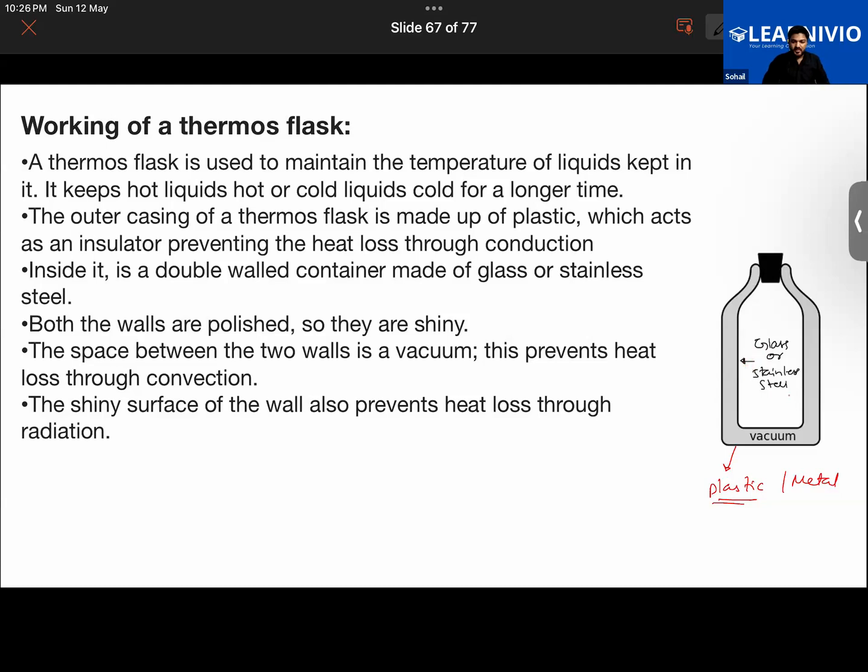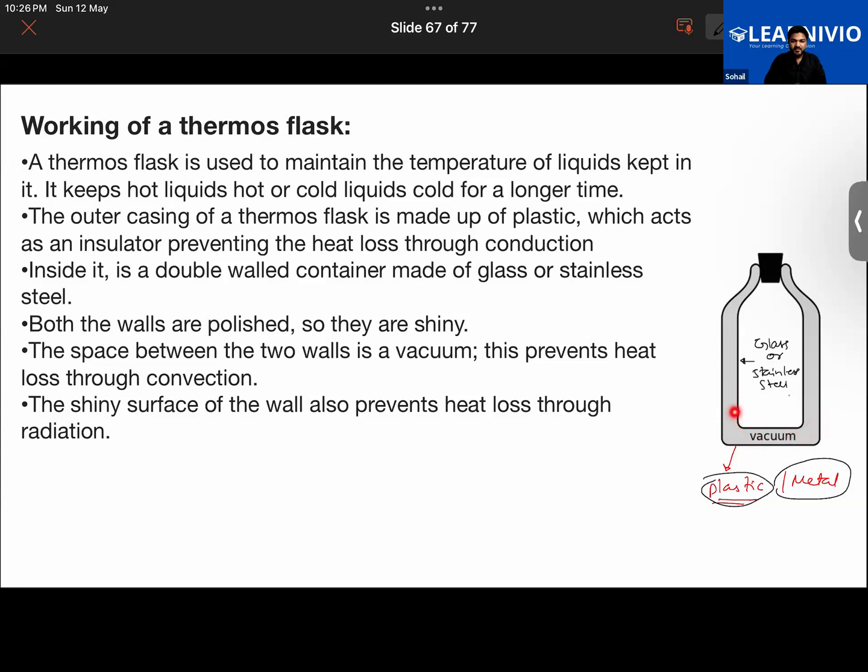Now keep in mind that the outermost layer will be made of plastic, and to make it strong, it will be covered with an extra casing of metal. Also keep in mind that between the innermost layer and the outermost layer there is a gap, and this gap is basically a vacuum, no air, nothing.